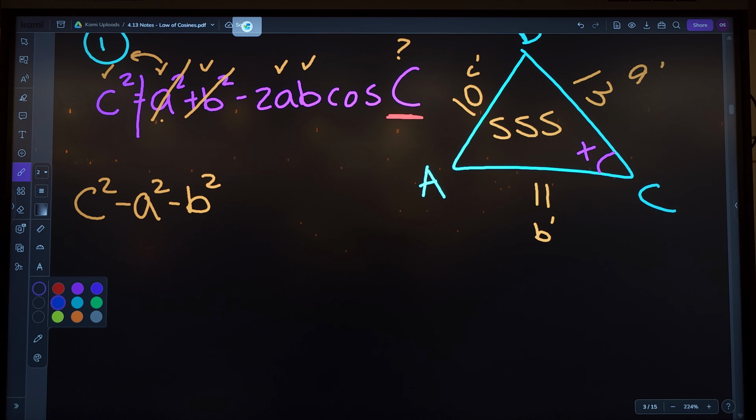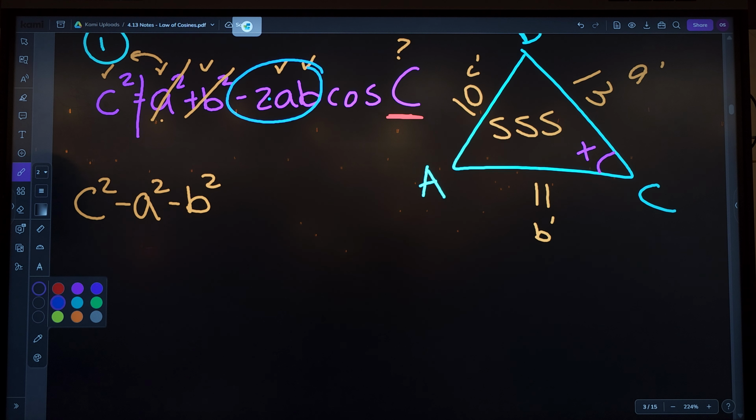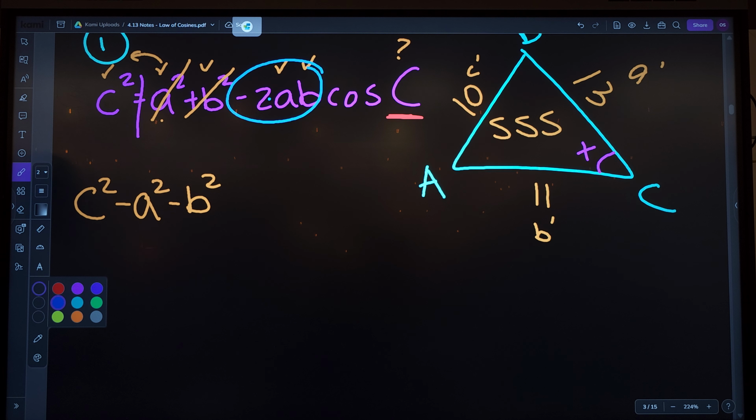Everybody good so far? What's happening between the 2 and the A and the B? They're all multiplying. A and B are just numbers in a minute, but right now they're just multiplying. So what happens when you multiply three numbers? It just makes a number. So all these together, you have to think of them as a single number, because they're all multiplying each other. What is this one number doing to cosine? Multiplying.